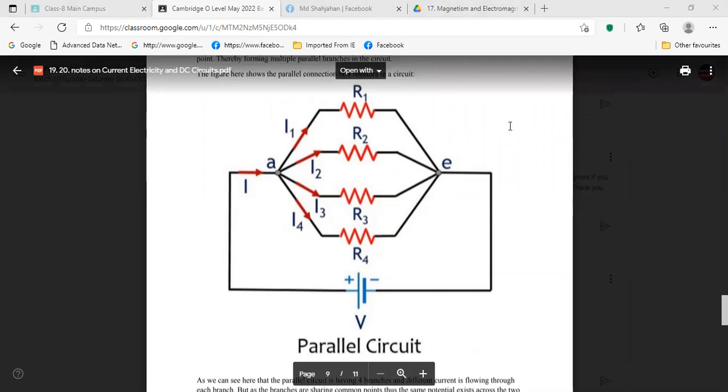This one is our first finding from this circuit. After your drawing is done, then you give these points.